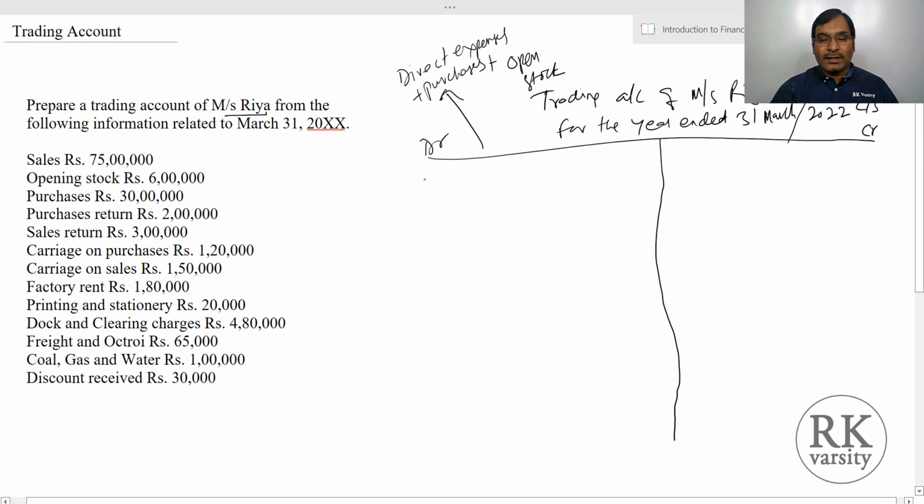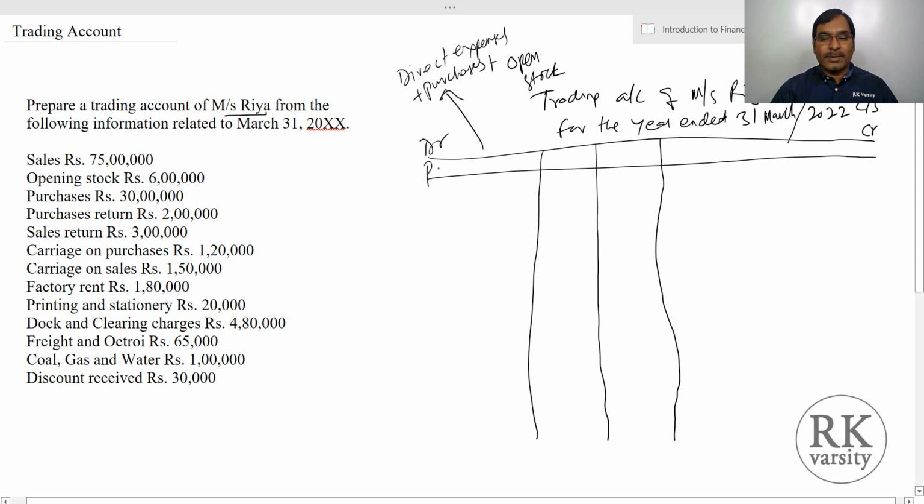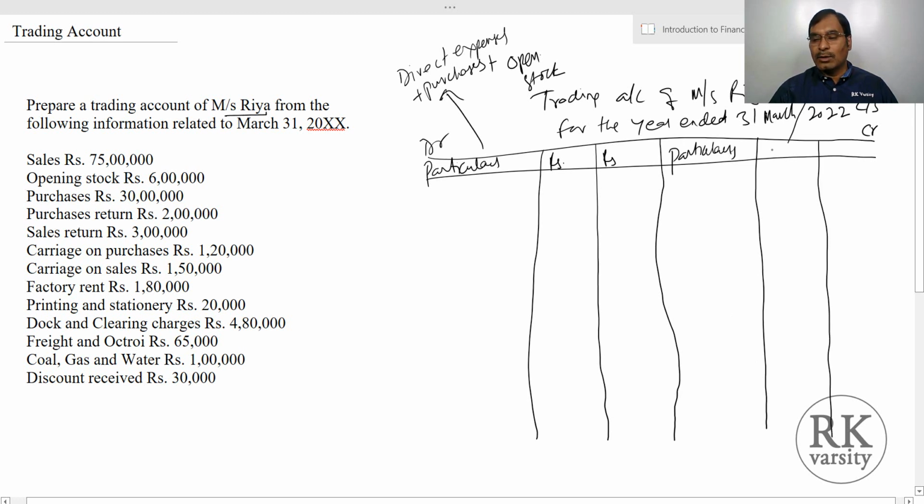Now we further divide each side into parts: particulars and amount in rupees, and here again particulars and amount in rupees. So this we call the inner column, and this is the outer column.